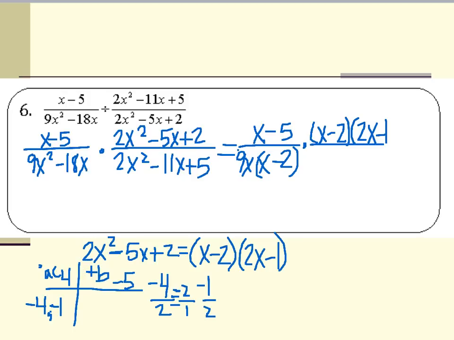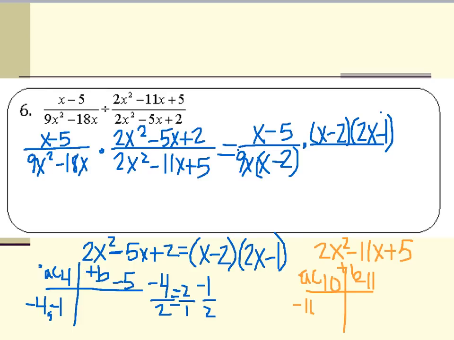Now I'm going to factor the bottom. I'm going to do it in just a different color because we're getting quite a bit on this page here. So now let's factor 2x squared minus 11x plus 5. I need to multiply to get A times C. A times C is 10, and I need it to add up to B, so I need to add up to negative 11.